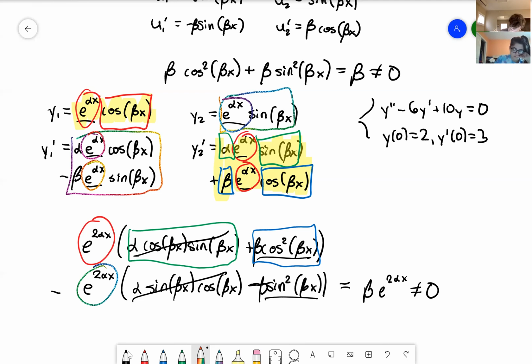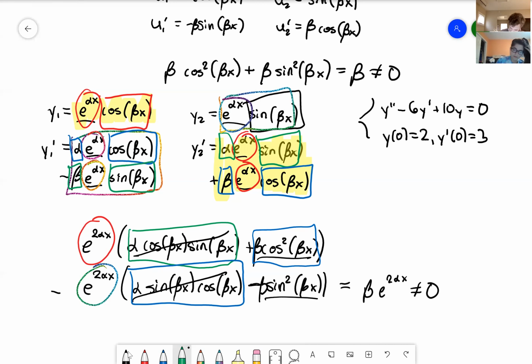And then we just have sine of beta x times alpha cosine beta x. So that gives us this part right here. And then sine of beta x times beta sine of beta x, so that gives us beta sine squared beta x.